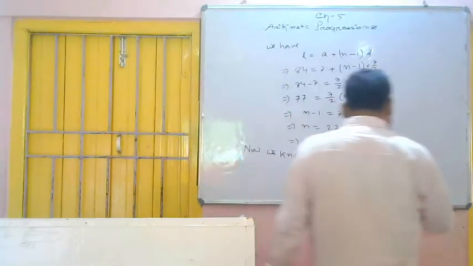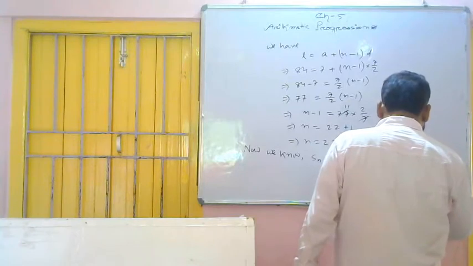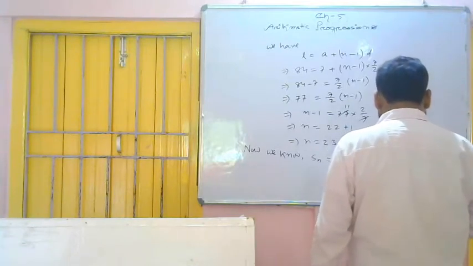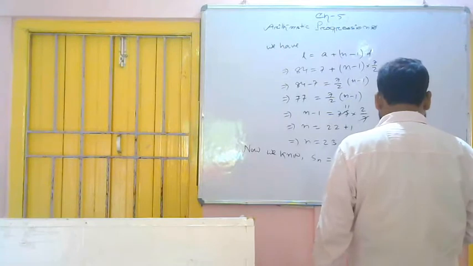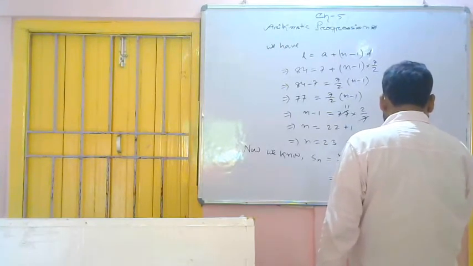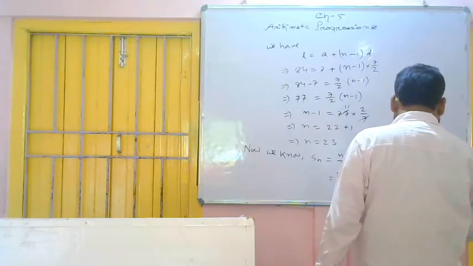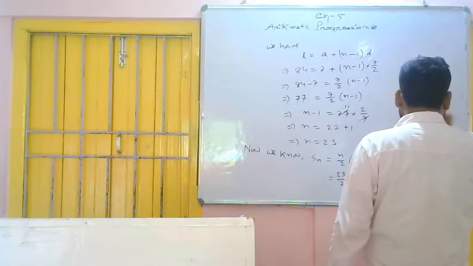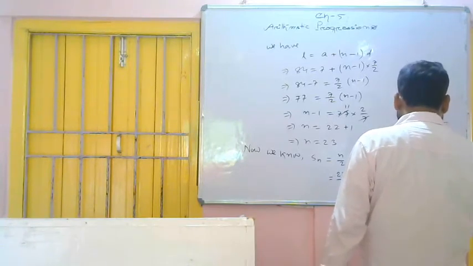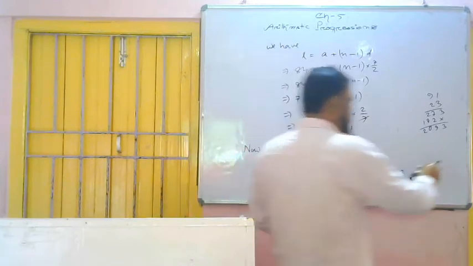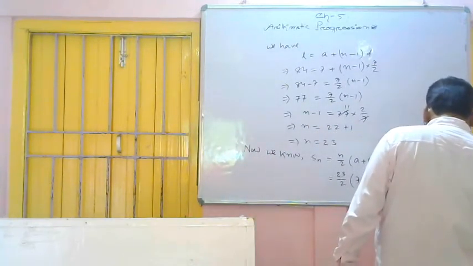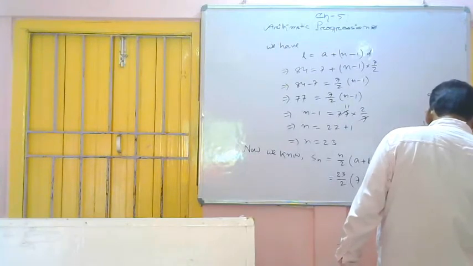Is equal to 23 by 2 into 91 is equal to 91 into 23, 2093 by 2 is equal to 1046.5.